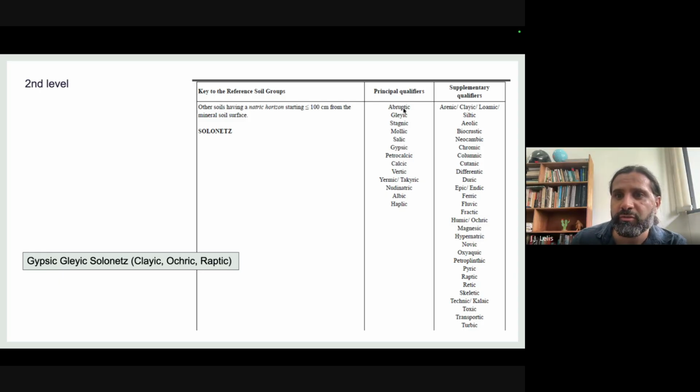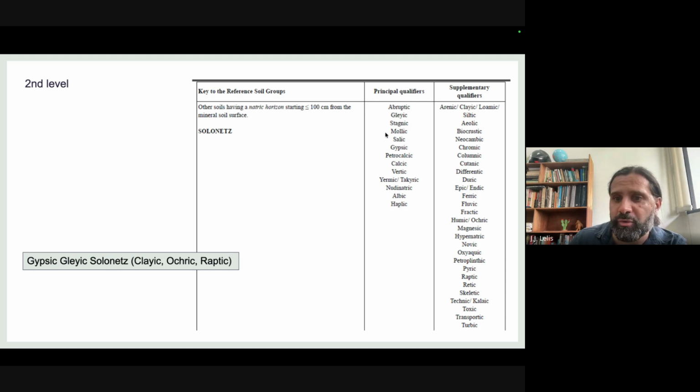And this order is not following any rule other than the importance of that qualifier, okay? So that qualifier is quite important to land management, to land use, or expresses some very important process that formed that soil, so they are at the top of the list, like the Abruptic or Gleyic or Stagnic. They are the first three qualifiers in the principal qualifiers. So they are quite important.